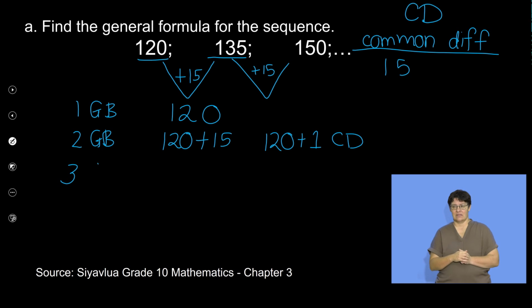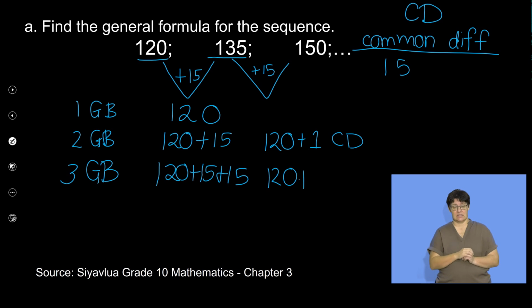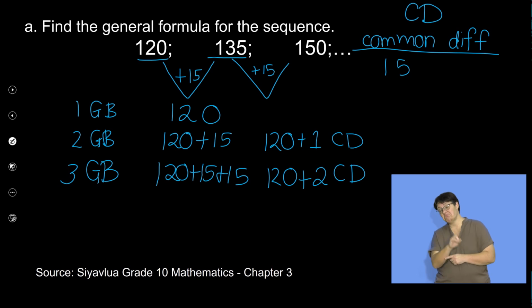Then for 3 gigabytes, we're going to have 120 plus 15 plus 15, which is 120 plus 2 common differences. So everybody, we can see that for 1 gigabyte, we had 120 plus no common differences.